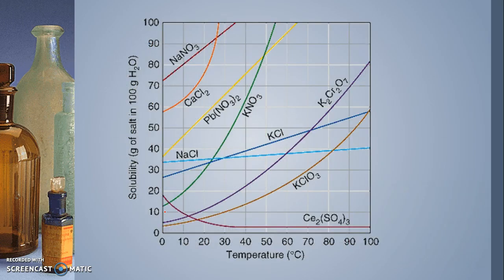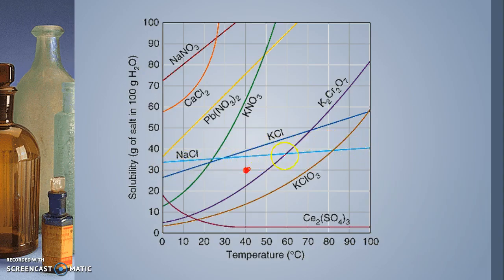Okay, here's an example of a solubility curve. Let's use the words that we just looked at. If I put a dot right here, the way that we would read this is that you come over to the left, you have 30 grams of whatever salt we're going to look at and 100 grams of water. If we're talking about NaCl, this light blue line that goes through here is NaCl.